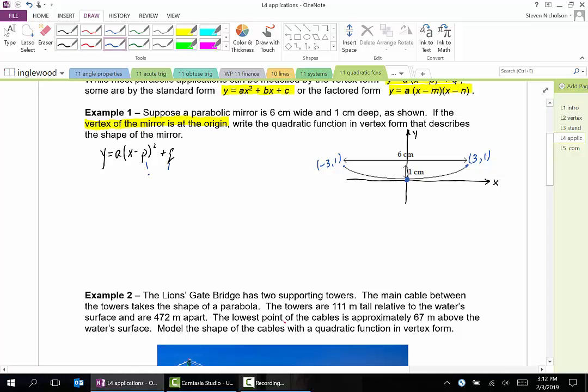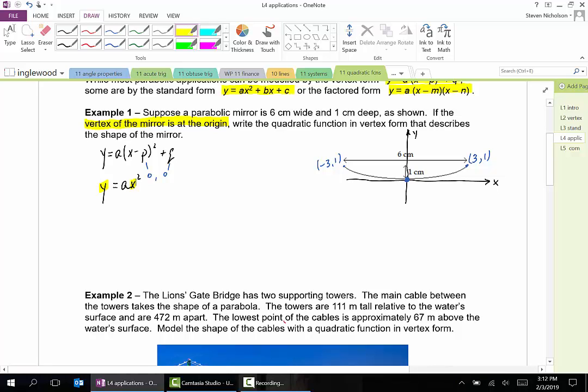We know that the origin is at (0, 0), so p and q are 0 and 0. And what we then have is this simplified version. And again, remember, x and y represent any coordinate in our story, so it doesn't matter which one you pick other than the vertex. Everything turns to 0.